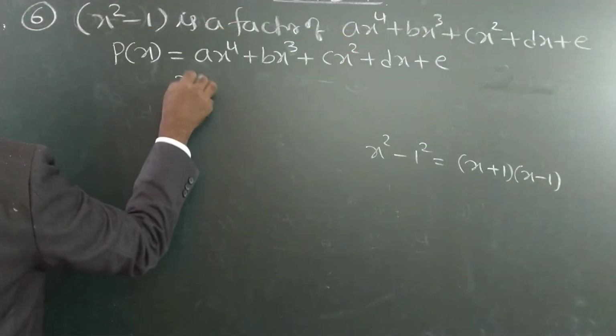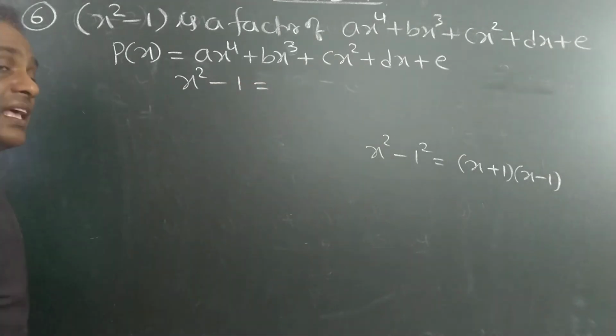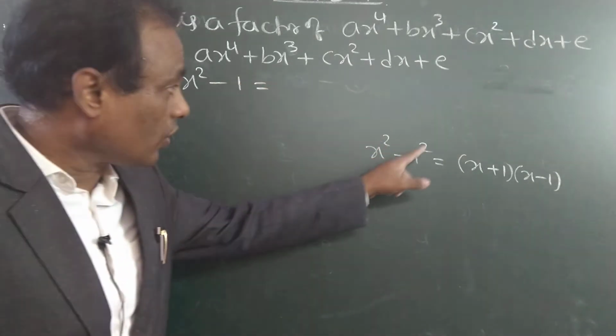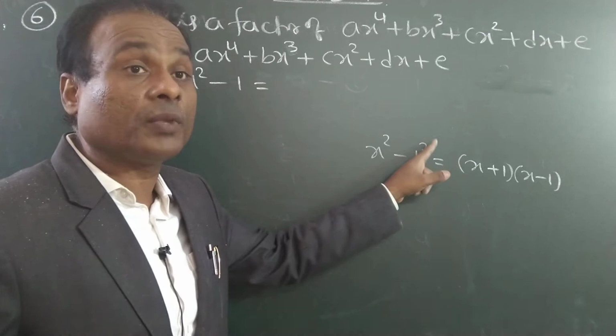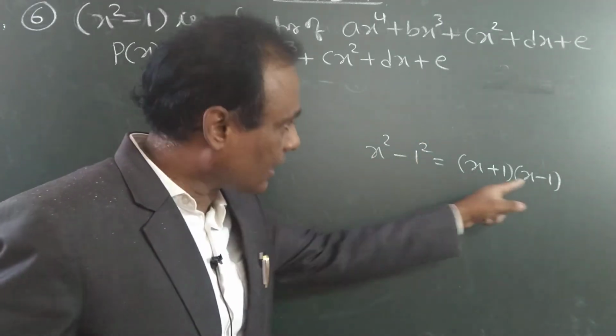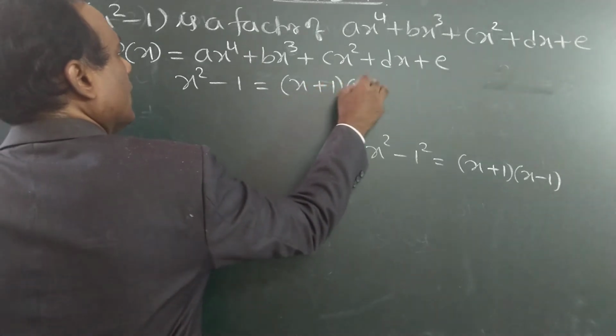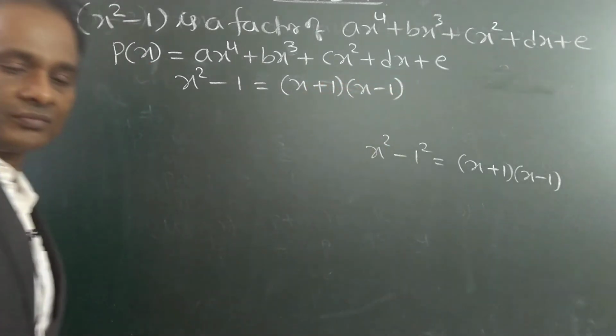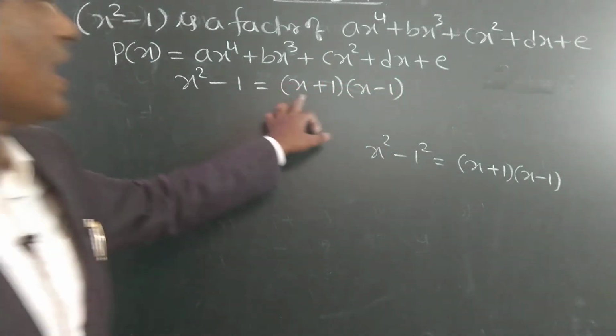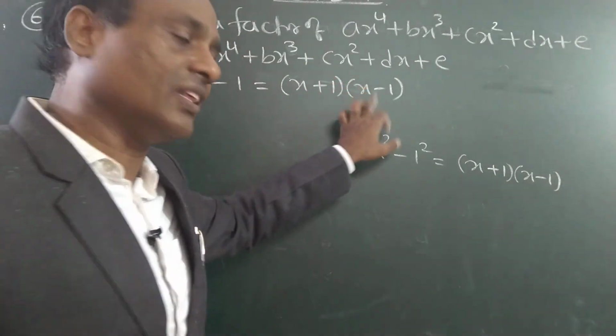So this x square minus 1 can be written as x plus 1 into x minus 1. So both are factors. Take this and also this.